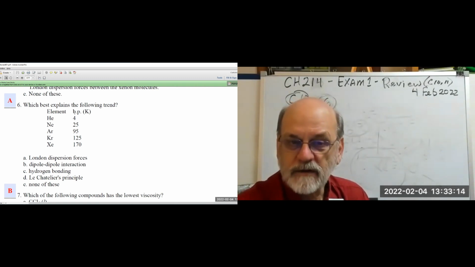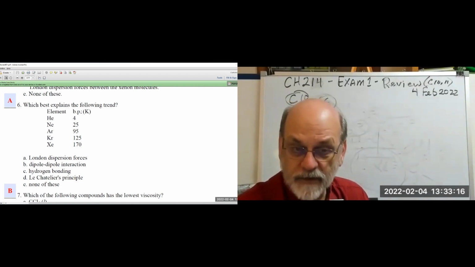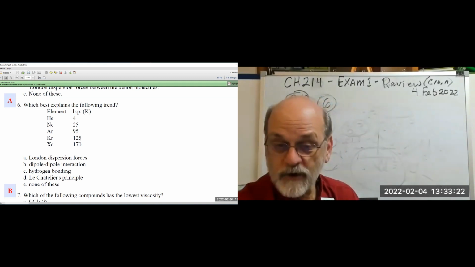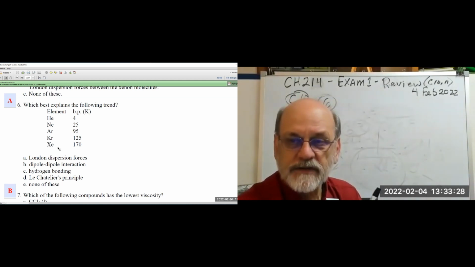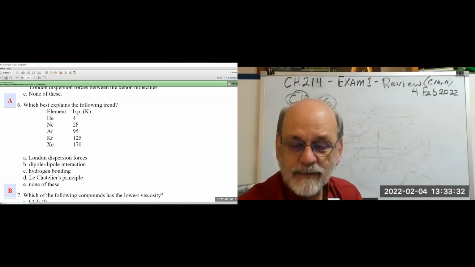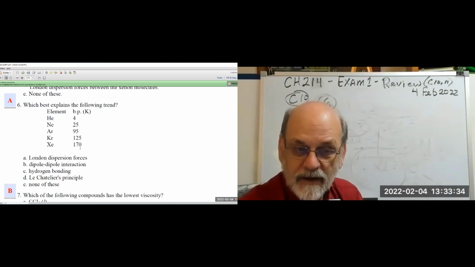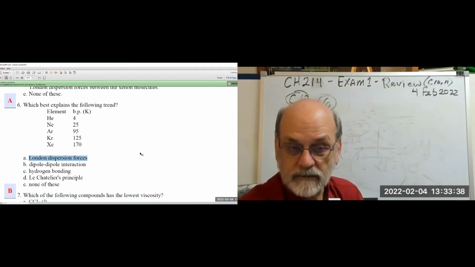And the boiling point in Kelvin is increasing. So how do we explain that? Well, with the same reasoning that I just gave for number 5, as you increase the size of the atom, you increase the strength of the London dispersion forces, which is exhibited by an increasing boiling point. So London dispersion is the answer to that one.